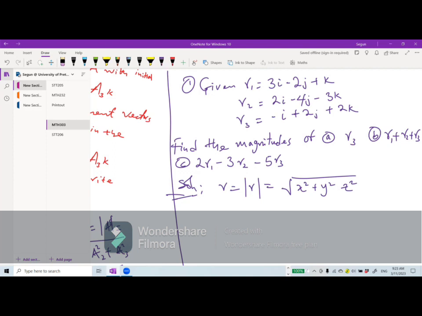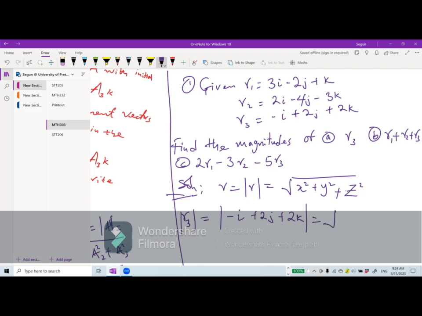So in this case now that we have this, we can go ahead and solve the problem. How do we do that? Let's pick R3. R3 is the same thing as the absolute value of negative I plus 2J plus 2K. We have it up, so we put it there.